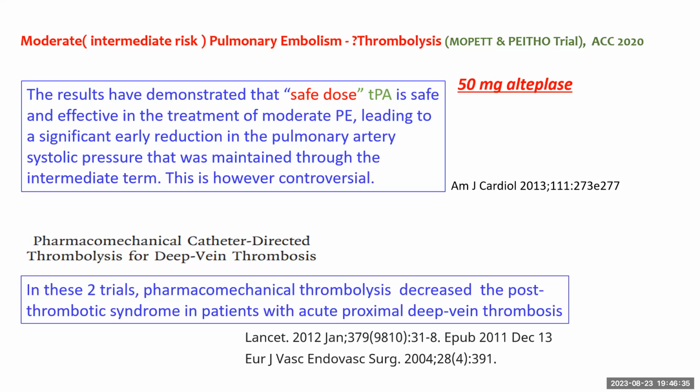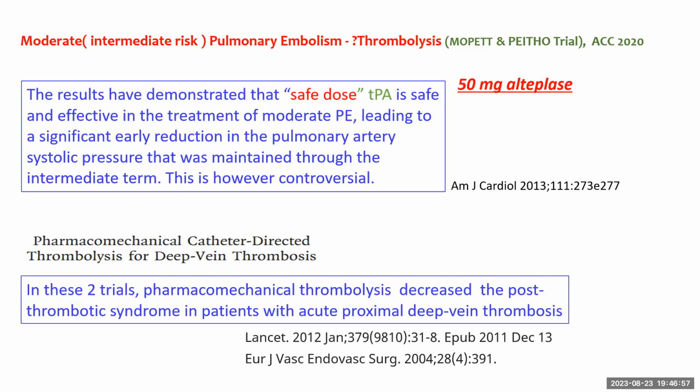The rationale is that they lead to lysis of the clot and prevent the development of pulmonary hypertension in future, and this leads to overall better outcomes. However, this low dose or 50 milligram alteplase in moderate, or what is also called intermediate-risk, pulmonary embolism remains an area of controversy.